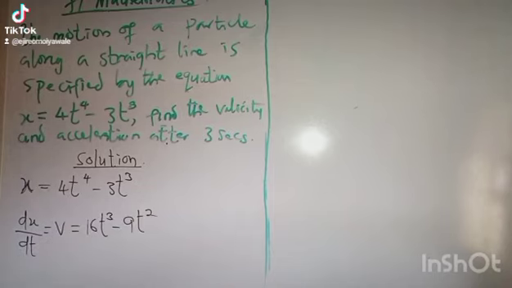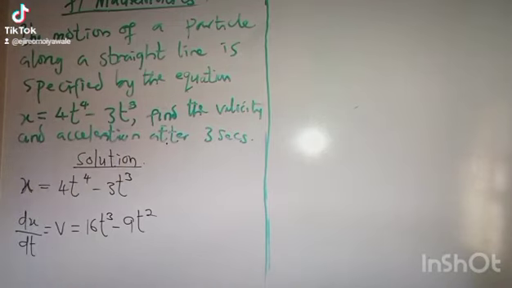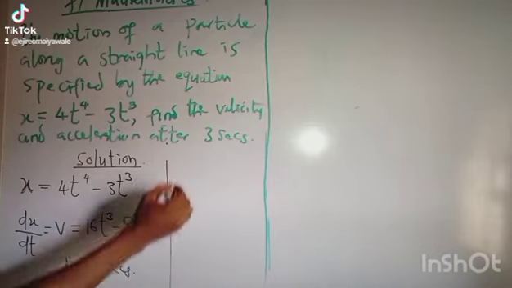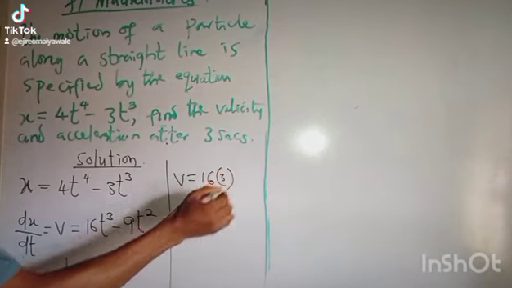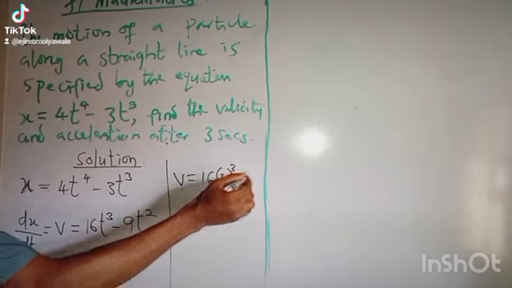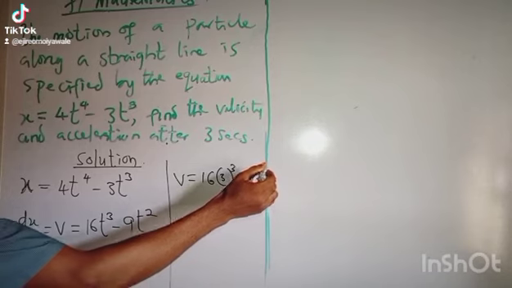But remember, they said find the velocity and acceleration after 3 seconds. So when the time is 3 seconds, velocity becomes v equals 16 times 3 cubed minus 9 times 3 squared.